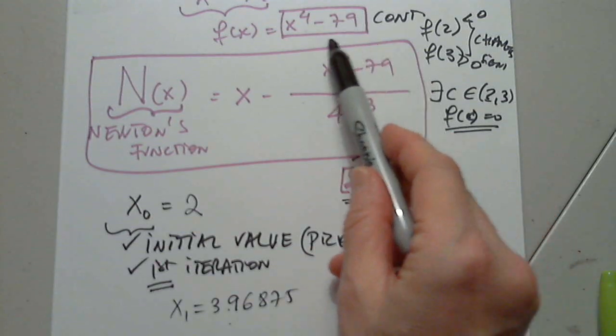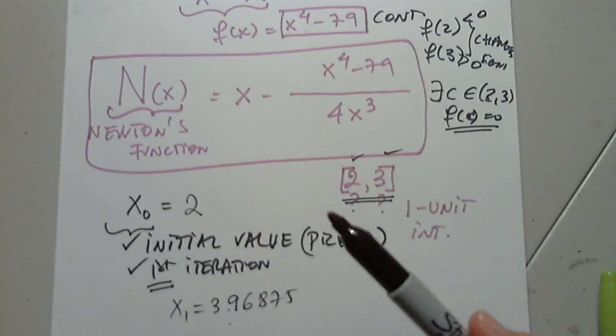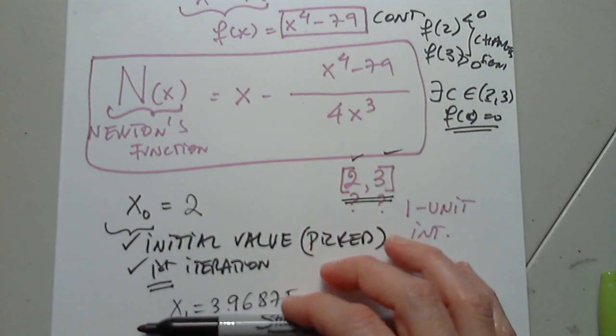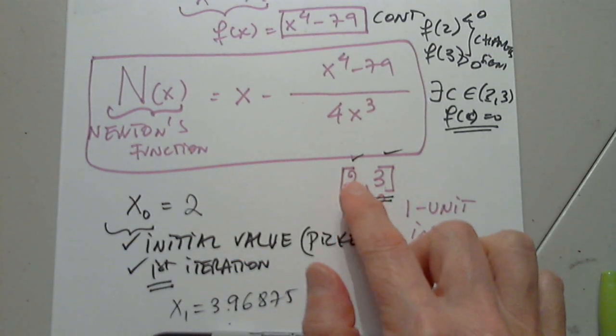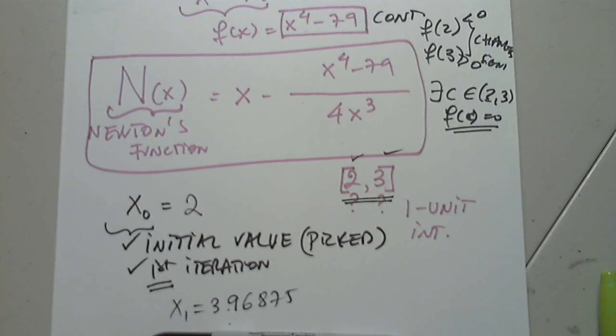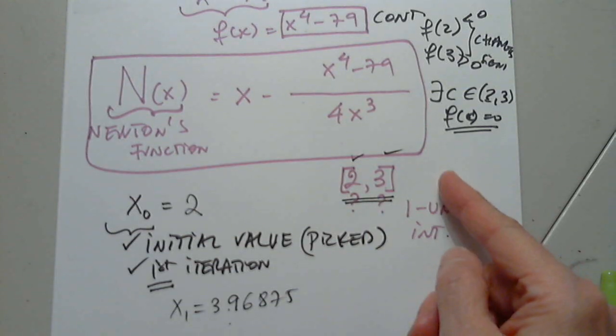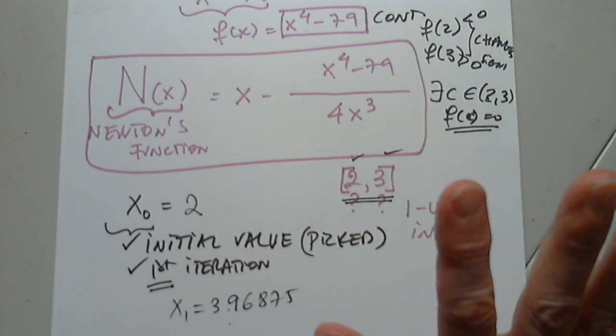Maybe we did not plug in the function correctly. But if in 1 or 2 steps it stabilizes and comes in where it should be between 2 and 3, then we are in business. So it's okay, don't panic. See, this is not even in the interval, it's closer to 4. What is going on? It's okay.